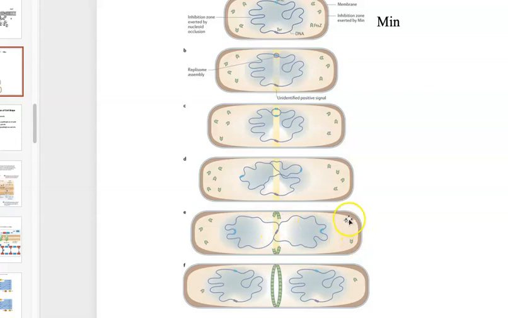The Min system is in place blocking FtsZ from polymerizing here and here. Nucleoid occlusion facilitates blockage until the chromosomes are pulled apart far enough so that the FtsZ system can form here, and then there's your ring that will form the site for cytokinesis.